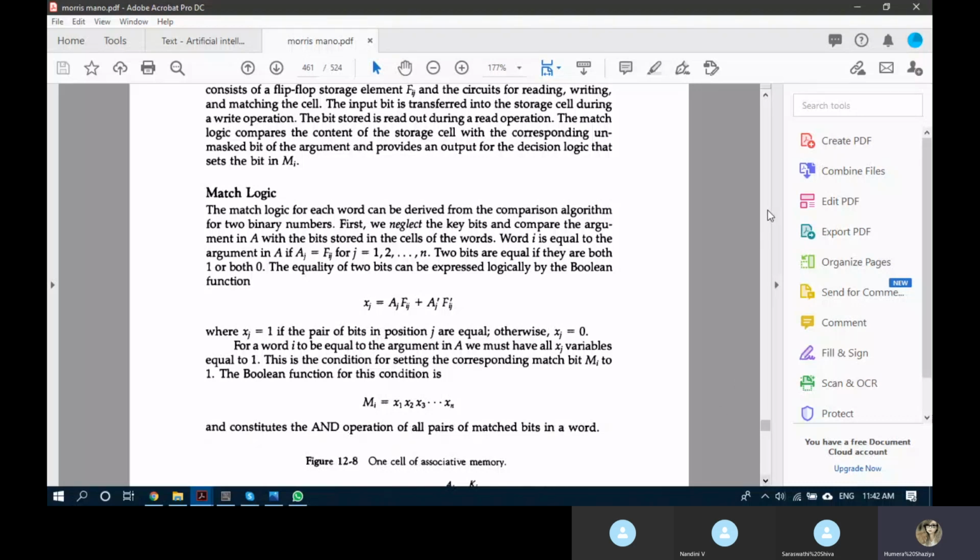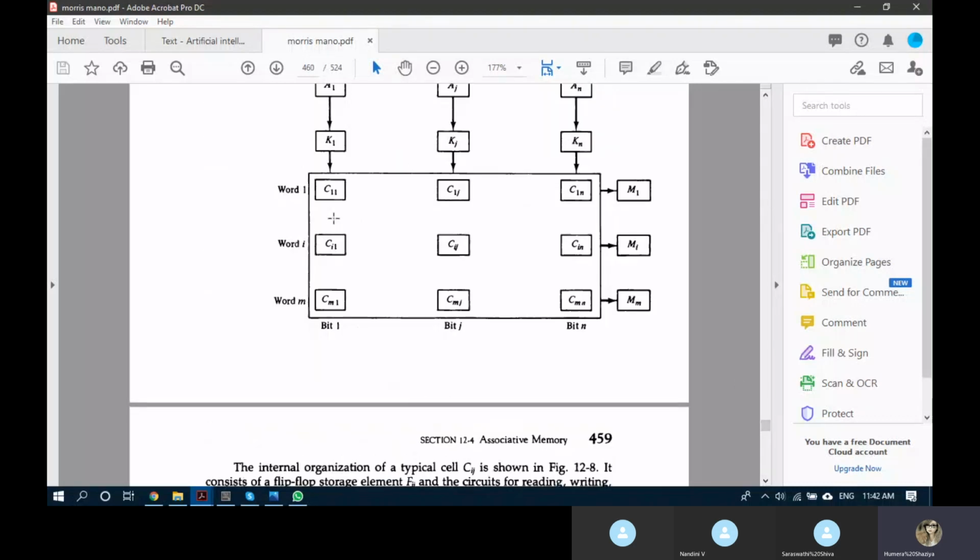Okay, xj is only for one particular bit. Actually I drew x this way, but consider x to be horizontal. So this is xj, xj plus 1, xj plus 2. M1 will be 1 when xj is 1, xj plus 1 is 1, xj plus 2 is 1.